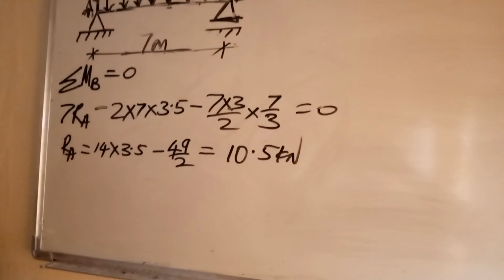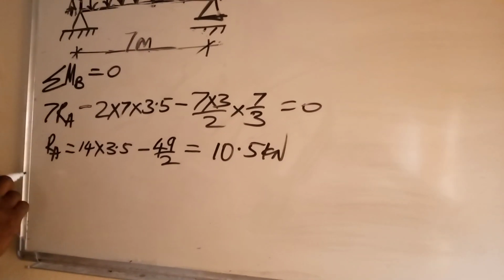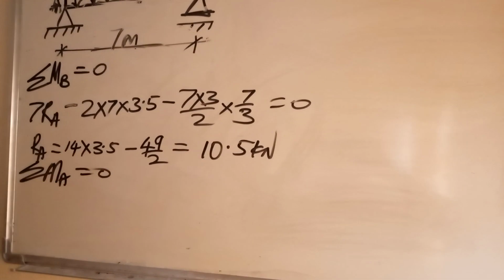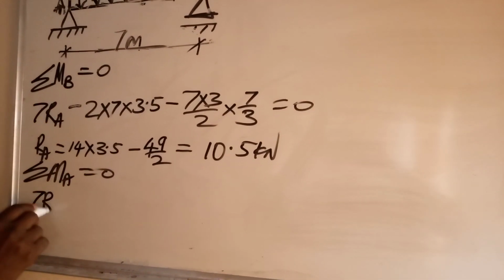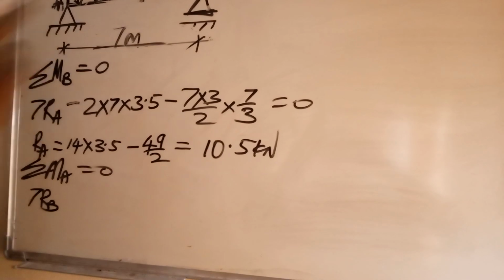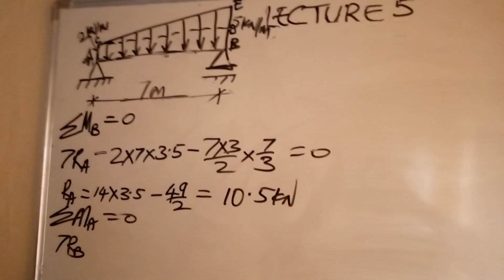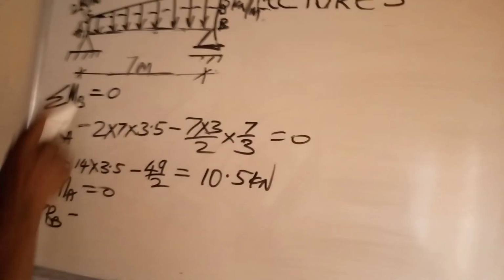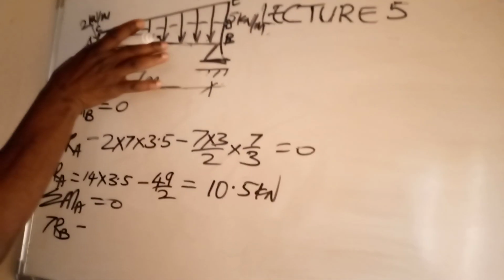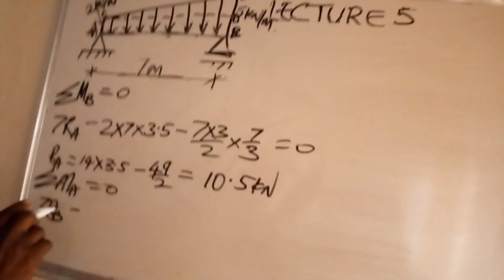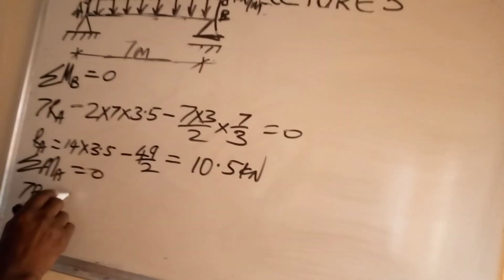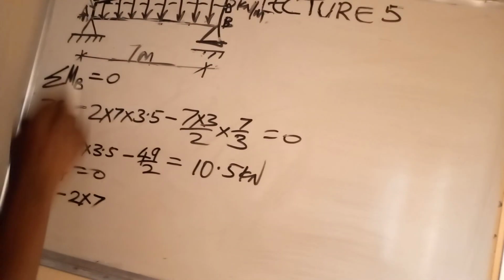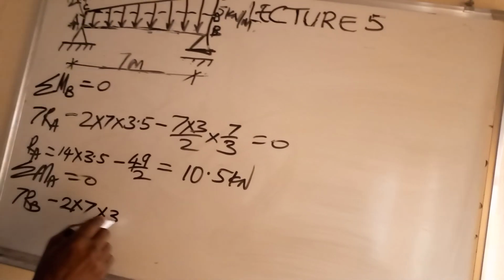So let me get RB, the reaction at B. The total moment at A is equal to 0. 7 RB, turning this way. The load will turn against it about point A. So minus something. I take the other load, the rectangle, whose area is 2 times 7, then making it a moment times 3.5.